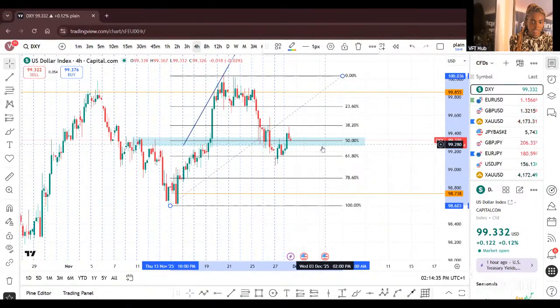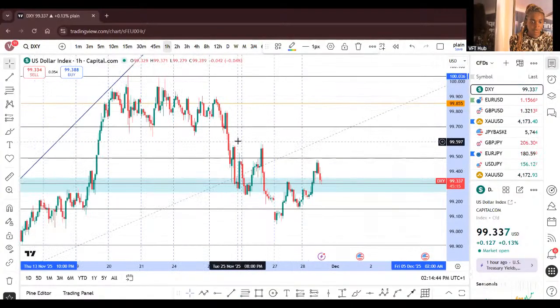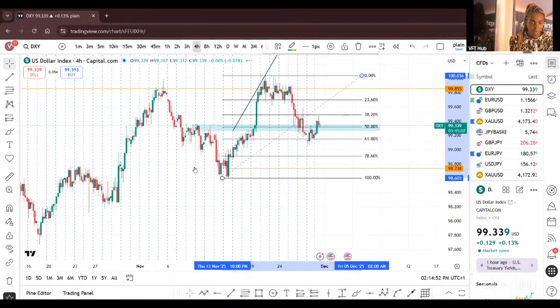I know that this 50% fib level is holding because a base has been formed on the 4-hour time frame. And even on the 1-hour time frame, pretty much the same thing, a base has been formed. I think I mixed things up.